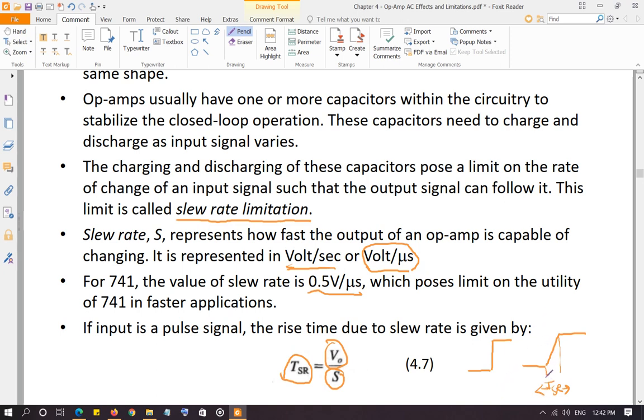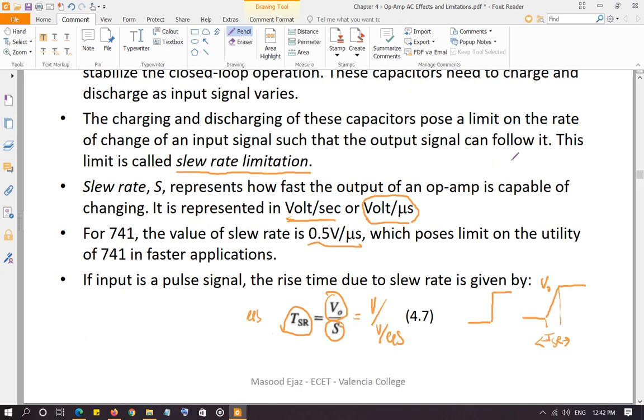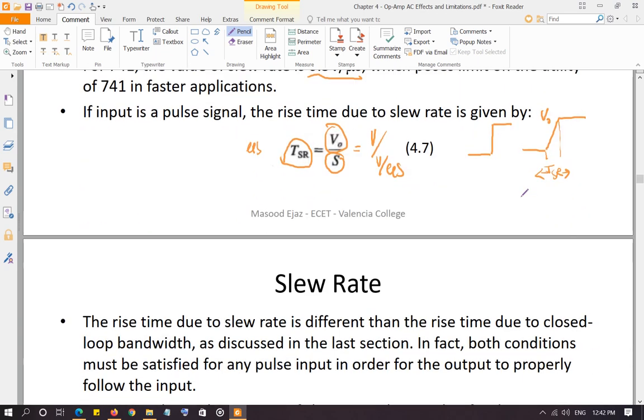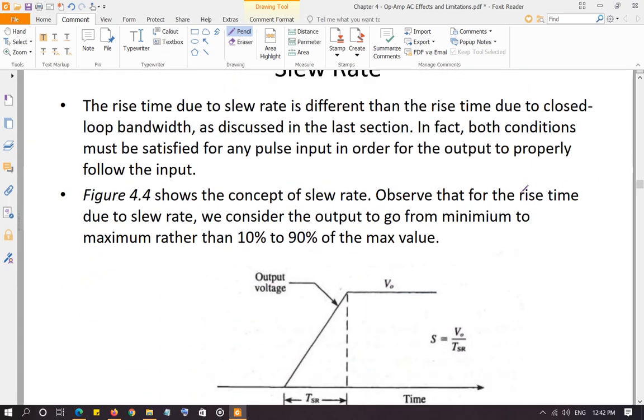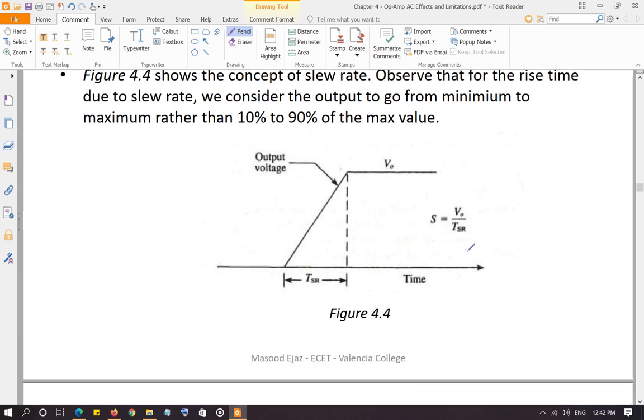In this case, it is 0 to maximum. So there is a difference between the two, due to the closed loop bandwidth and due to the slew rate. Here the peak value is in volts, and S is the slew rate in volt per microsecond, so your answer is going to be in microseconds for the rise time due to slew rate. This is the equation that we're going to use if our input signal is a pulse type signal.